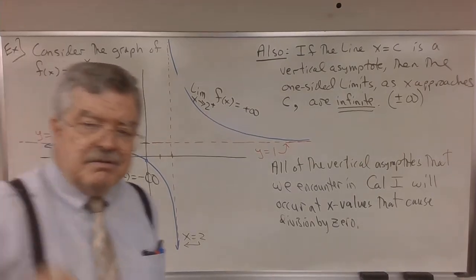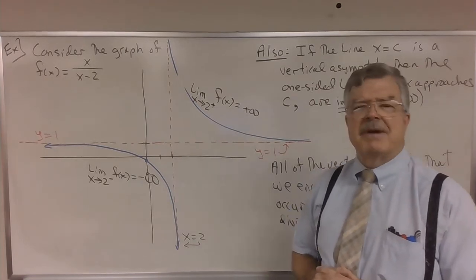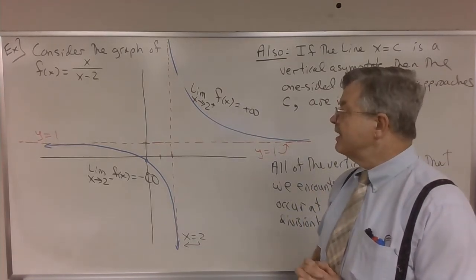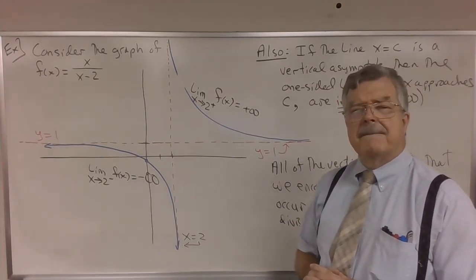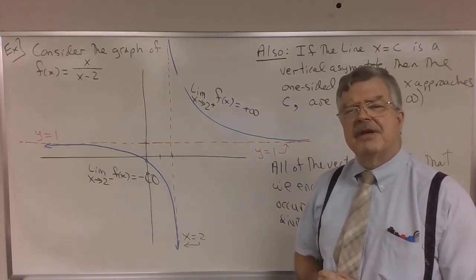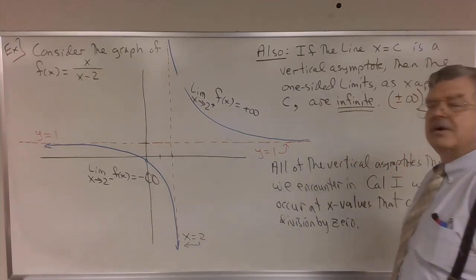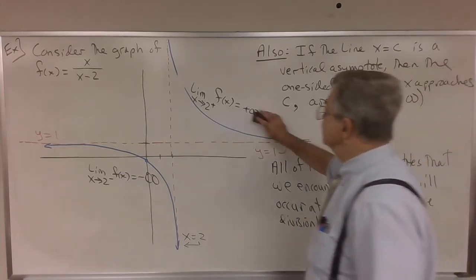Now, we've milked vertical asymptotes for just about all that they're worth. So now, let's do the same thing with the horizontal asymptotes and see what relevant observations we can make.